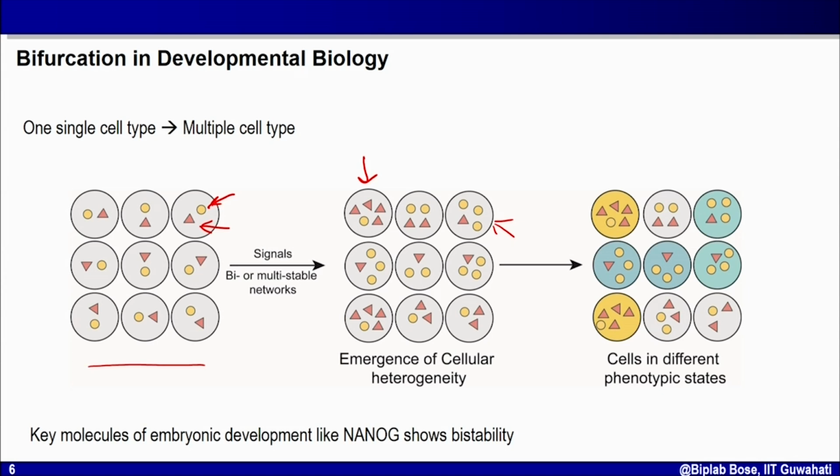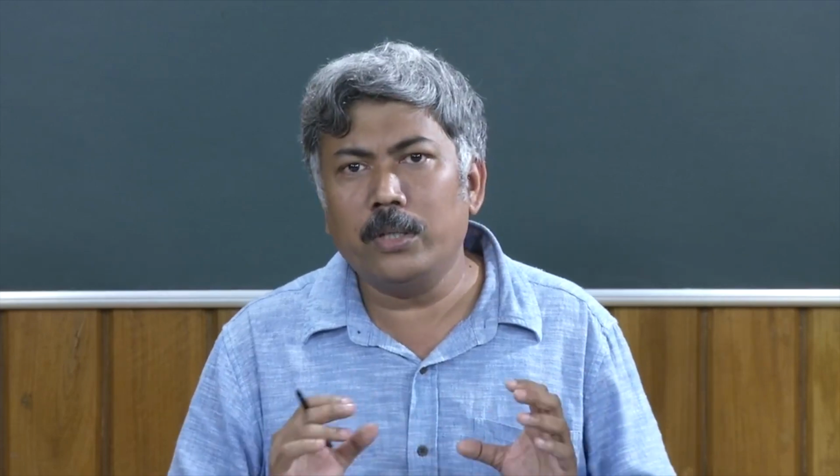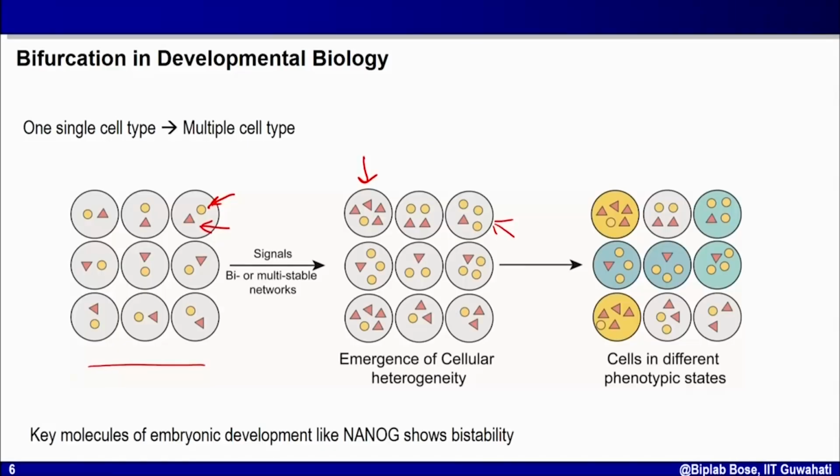So imagine this yellow protein and the red protein control differentiation of the cell. So suppose maybe the red protein pushes the cell towards a neuronal cell type, whereas the yellow one pushes it to a different cell type, type B. So what will happen? These cells which are expressing more red now, which is a subpopulation expressing more red, will become one type of cell.